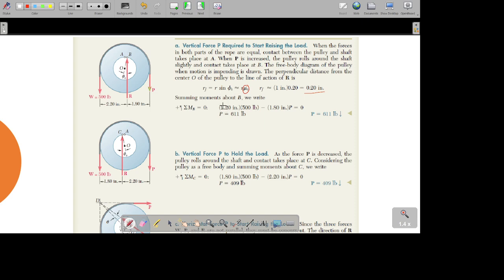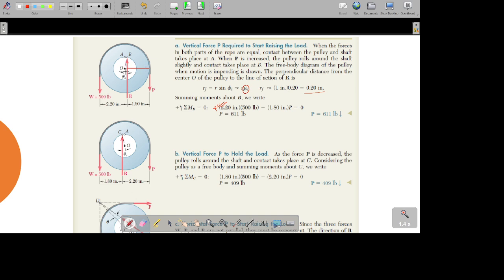This gives anti-clockwise rotation, so that's why we have put a plus sign here, and you can see a minus sign here, because this force P will create clockwise rotation. So the moment will be in the clockwise direction, so that's why we are putting a minus sign here. Then the distance from this force P to the force R will be this distance. How can we get this?